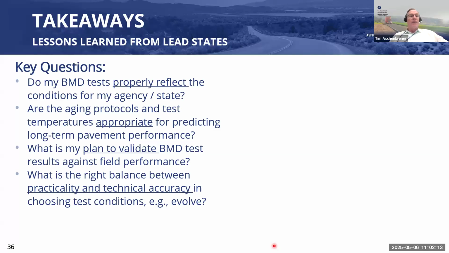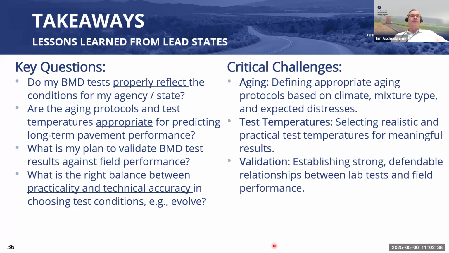It's an evolving process. So if you set some test temperatures, if you set some aging protocols initially, don't be afraid to evolve. Things can change over time as you learn more, and you can update your test procedures and aging protocols accordingly. But not knowing those precisely at the beginning is not necessarily a good reason to avoid implementation.